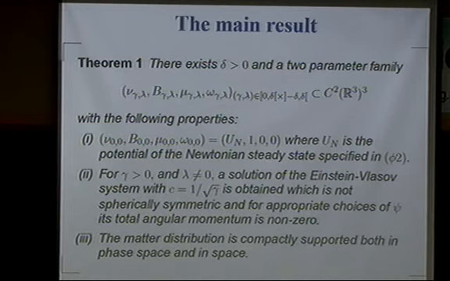And if they are non-zero, you get a solution of the Einstein-Vlasov system, which is not spherically symmetric. And if you take some careful choice of psi, the total angular momentum is non-zero. And the matter distribution is compactly supported both in phase space and in space. You really get some galaxy. That part is important because if the solution extends all over the space, you cannot really call it a galaxy.